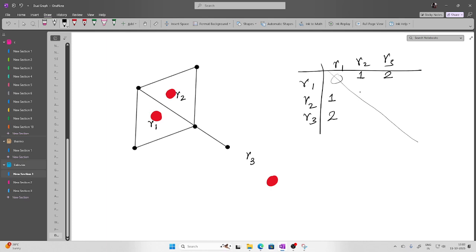Let's say this is 0 for the time being. What about R2, R3? Again two edges. So in every case, whether it is R1, R3 or R2, R3, two edges are shared.